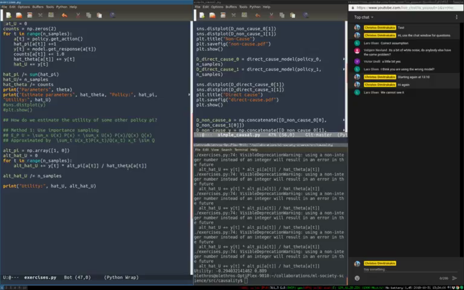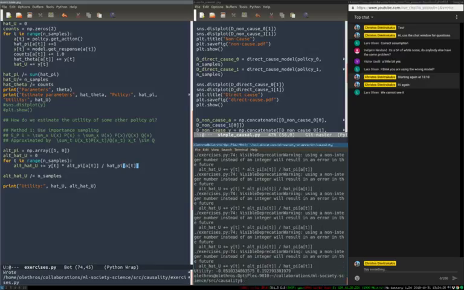You can see what's the problem here. T is a number. Oh, it's hat theta that is wrong here. Hat pi. Okay, but I still don't know what.